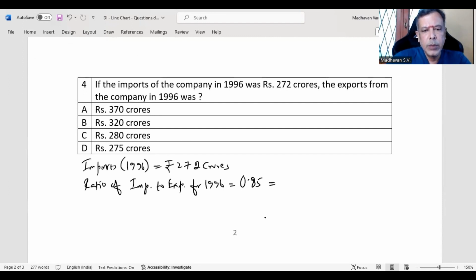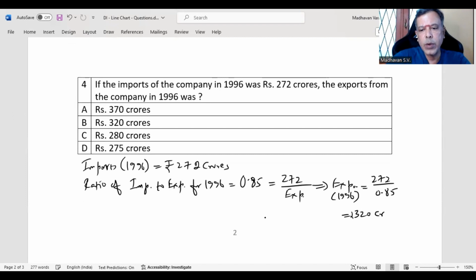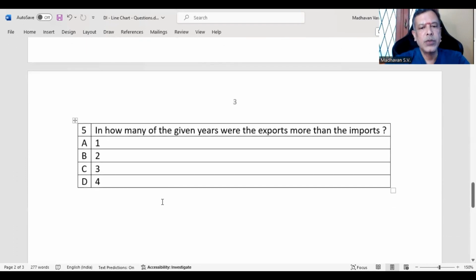That is equal to 272 divided by exports. That means exports in the year 1996 should be 272 divided by 0.85. If we calculate, we get 320 crore rupees, which means our option is B. Let us move on to the next question.